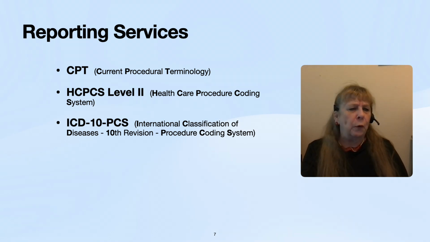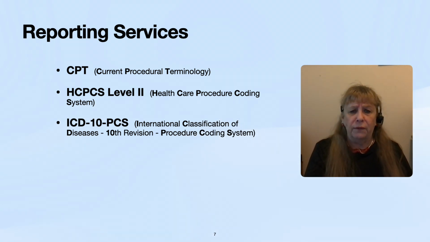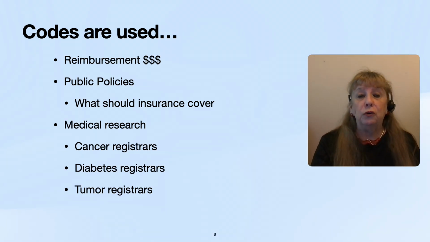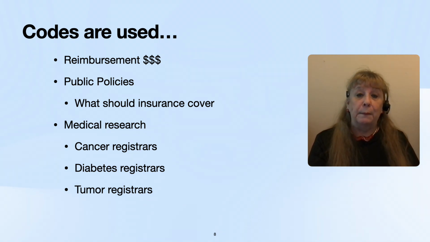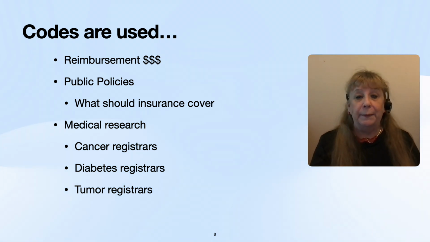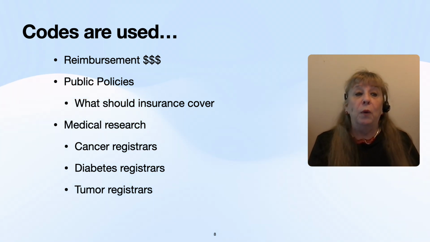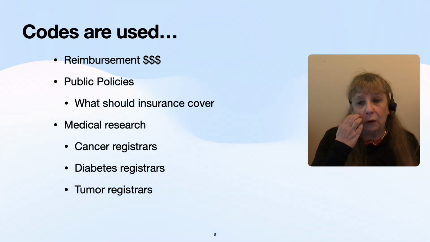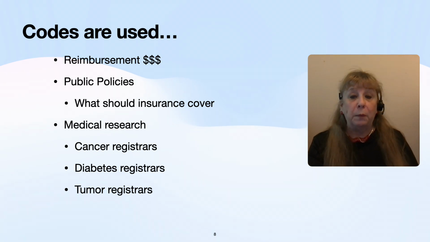Okay, so why are we doing all of this? The codes are used for reimbursement. Yes, money. Absolutely. But that's not the only reason. They also use our codes to create public policy.